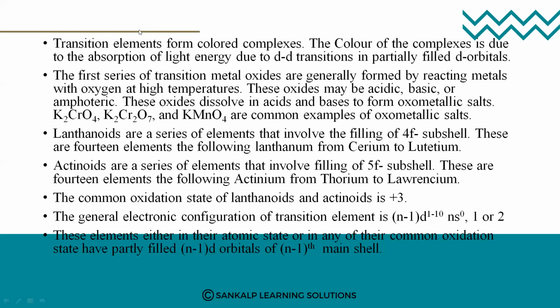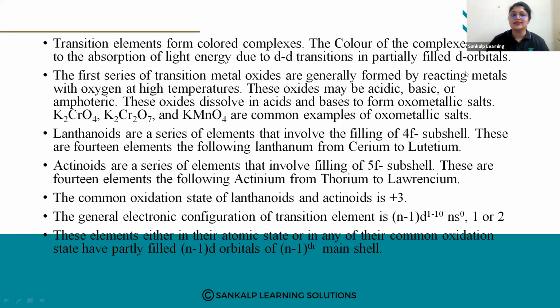It takes energy, and the electron jumps from the ground state to the higher energy state. Then it will be unstable. So when it comes down to the ground state, it will emit radiation. This is responsible for the color of the transition element.